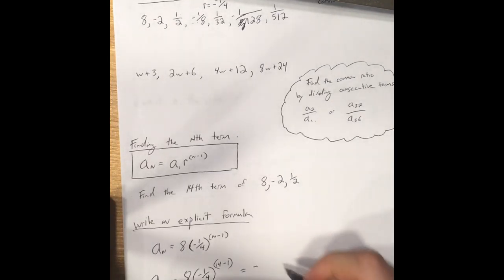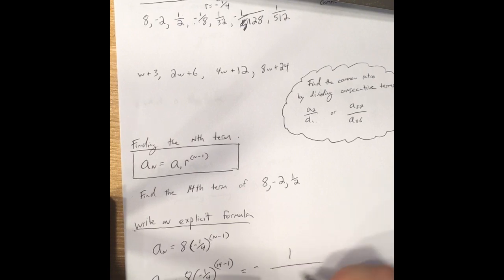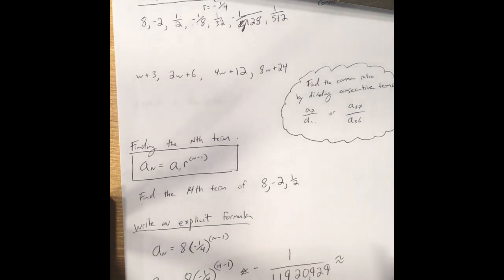We know it's negative, and it's going to be 1 over 11,920,929. This is probably an estimate.